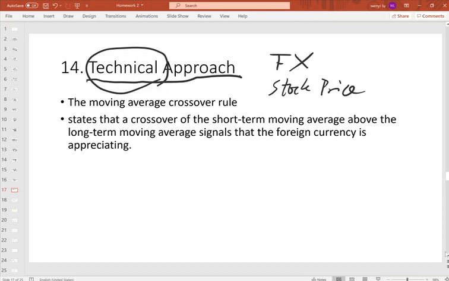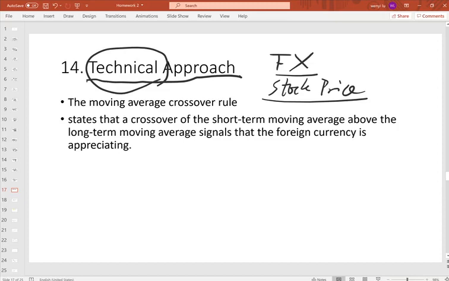In stock prices and foreign exchange, traders sometimes look into technical charts to determine the price change in the next period. Even though this approach is not acknowledged in the academic field, it is very useful in the industry to determine the price of foreign exchange or stock.